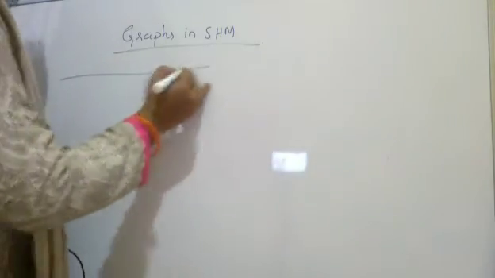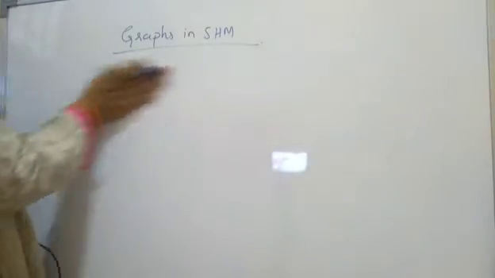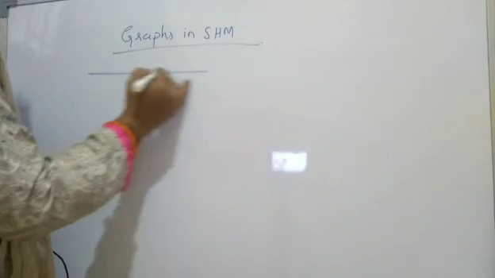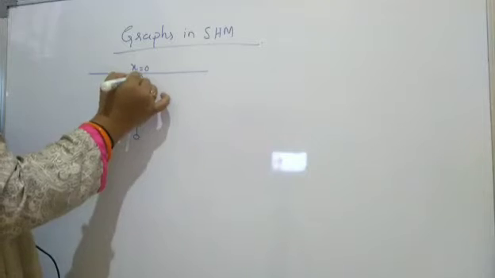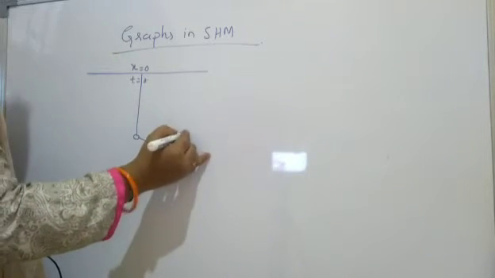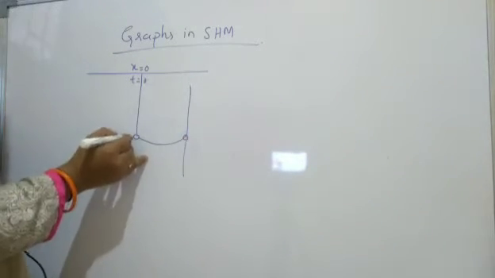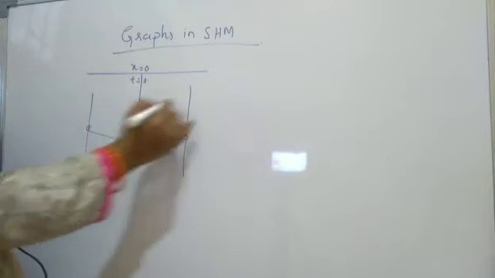Generally again we have to identify a particle executing simple harmonic motion. I think you will be bored of drawing this diagram, but until you get practice you have to take the same diagram.